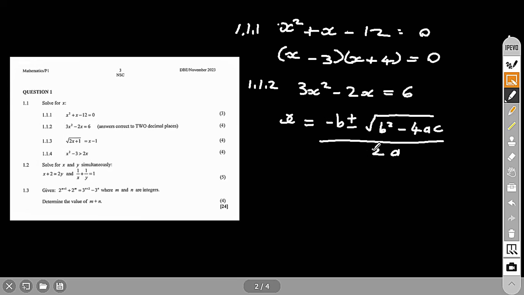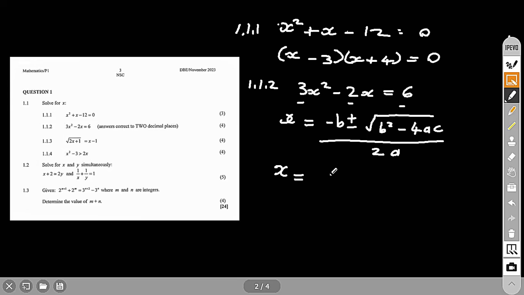This is the equation. So now I'll just substitute. So x is equal to, and in terms of the alphabet, this is your a, this is your b, and this is your c.